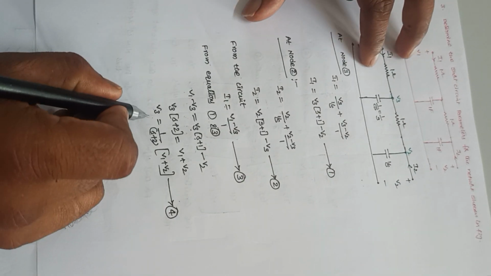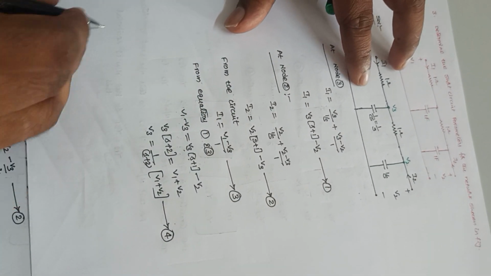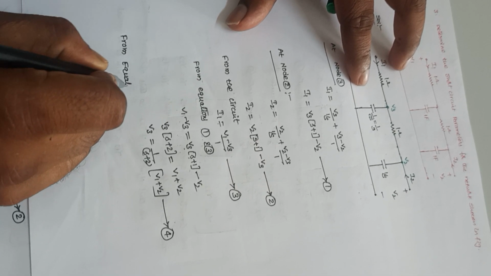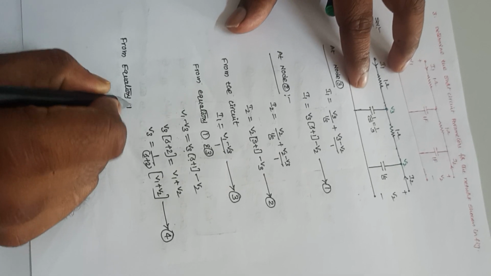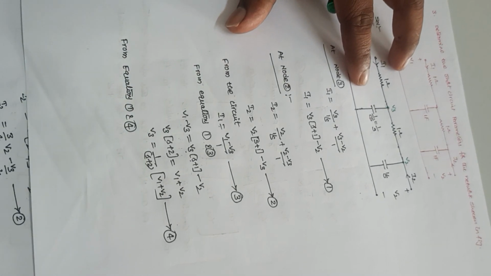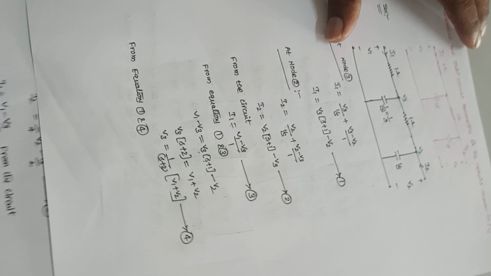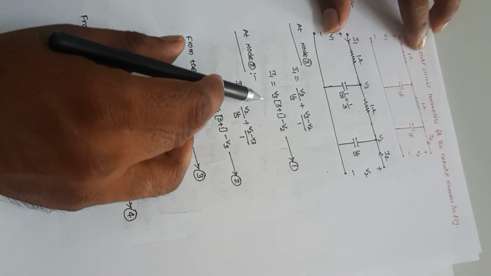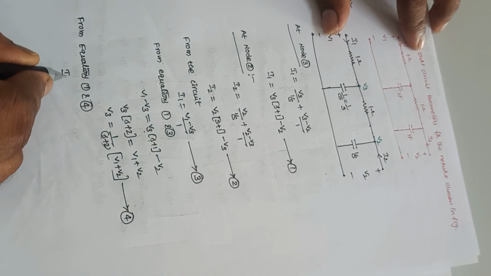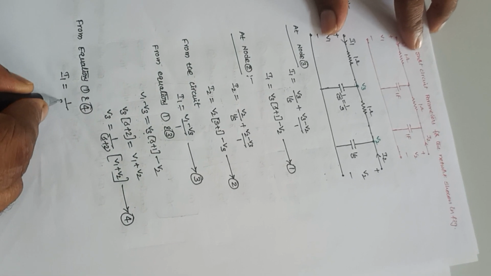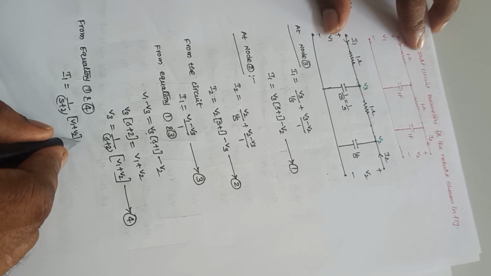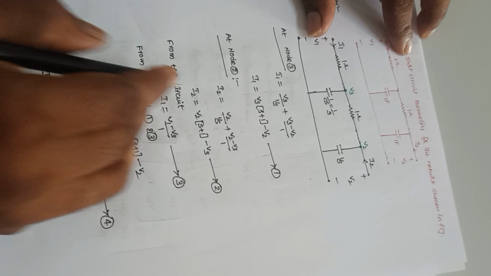Now from equations 1 and 4, I can write, this is 1. So I1 is equal to V3 into S plus 1 minus V2, with V3 equal to 1 by S plus 2 into V1 plus V2.